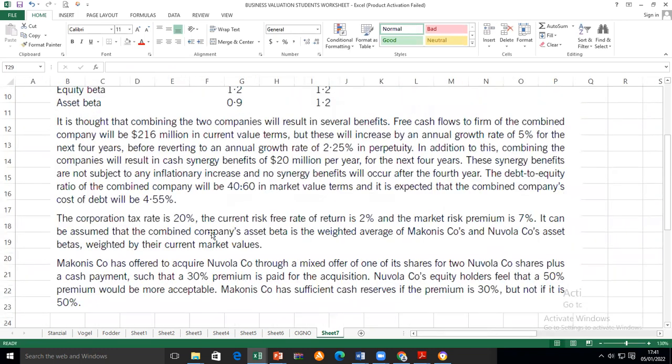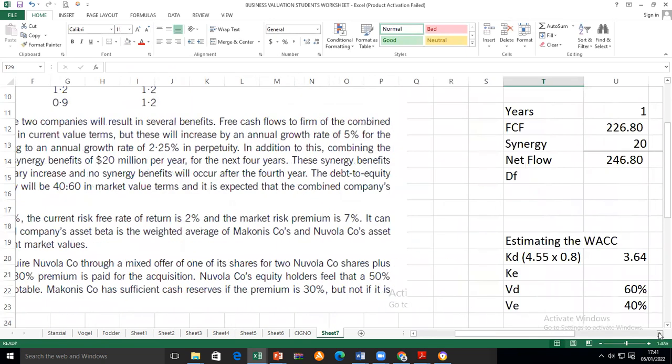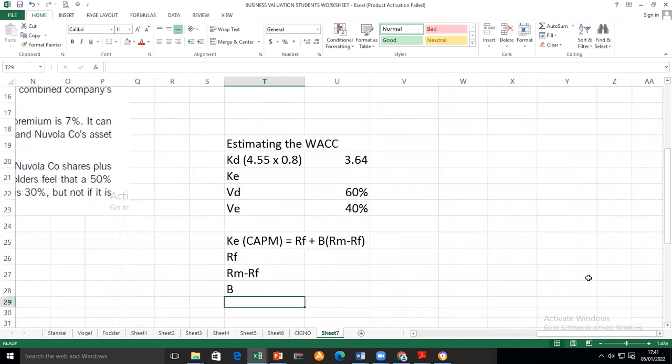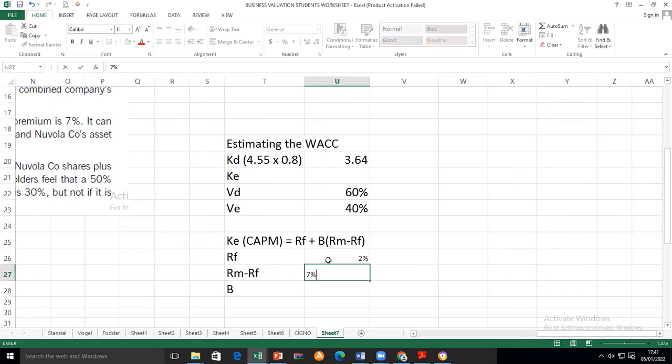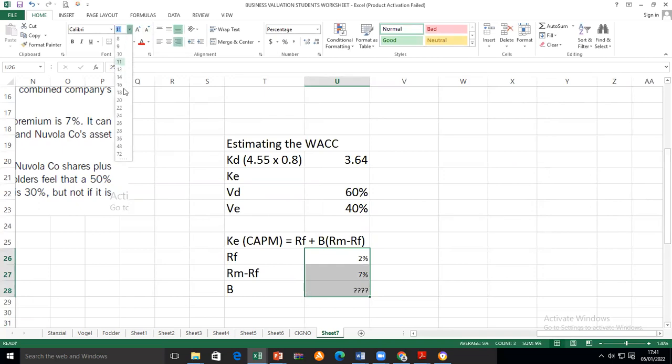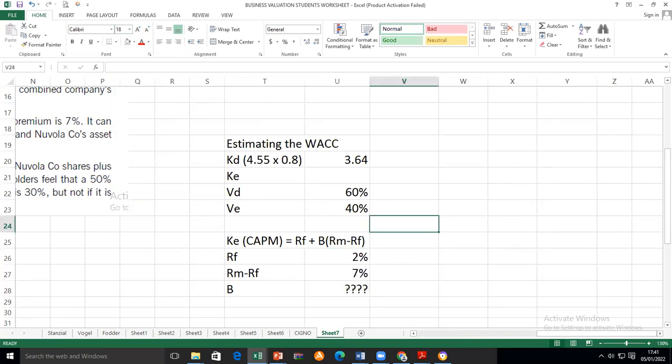The risk-free, 2%, premium, 7%. This one, 2%. That one, 7%. This one, that's where the problem is. Okay. So let's work on that one now.